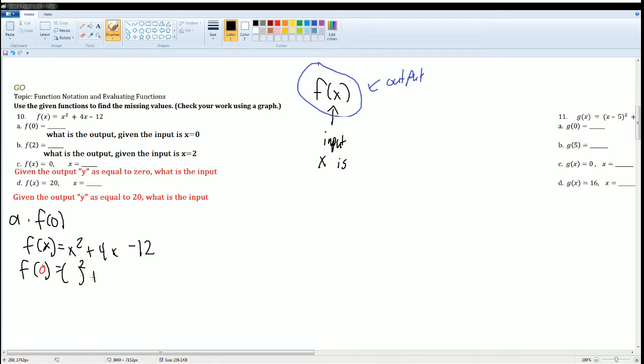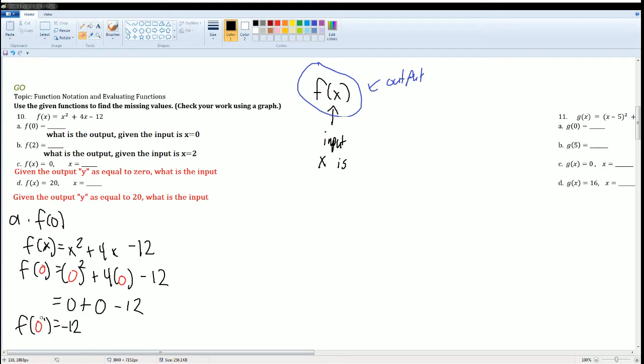So 0 squared plus 4 times 0, that's x, so that gets replaced, minus 12. Do you see, everywhere I see x, I put the parentheses, that tells me I'm going to substitute. And it's going to be 0 and 0 here. Now we just do the math. 0 squared is just 0, 4 times 0 is 0, minus 12. So f of 0 will get us negative 12.